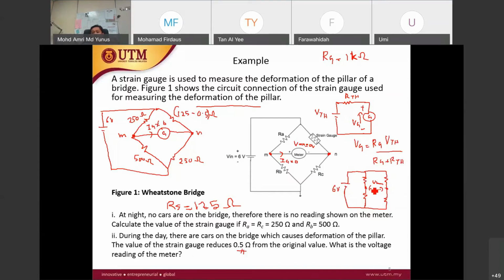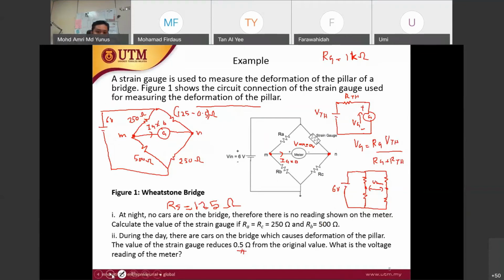To determine the equivalent resistance value, to find RTH, what should we do with the power supply?